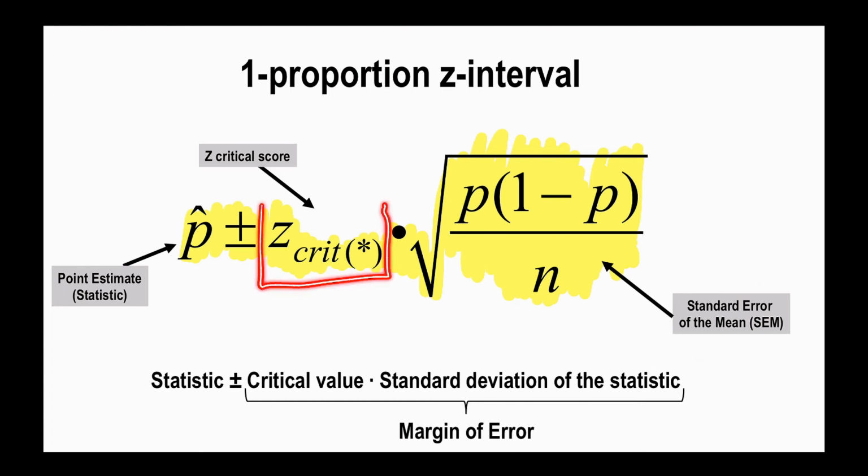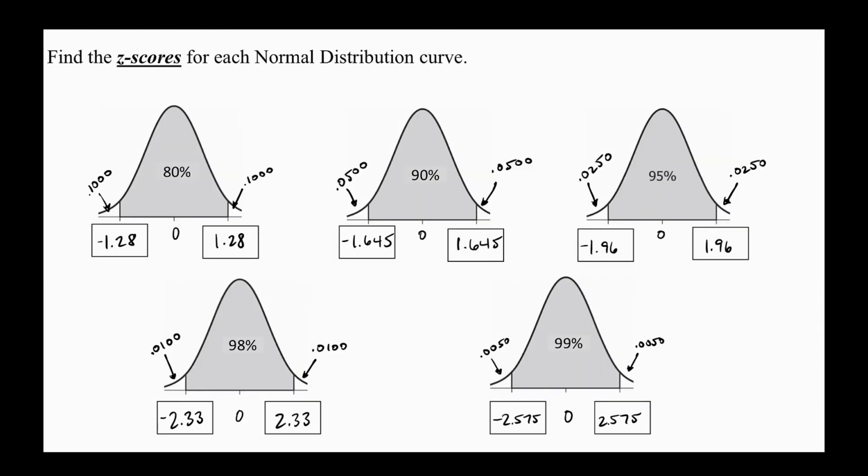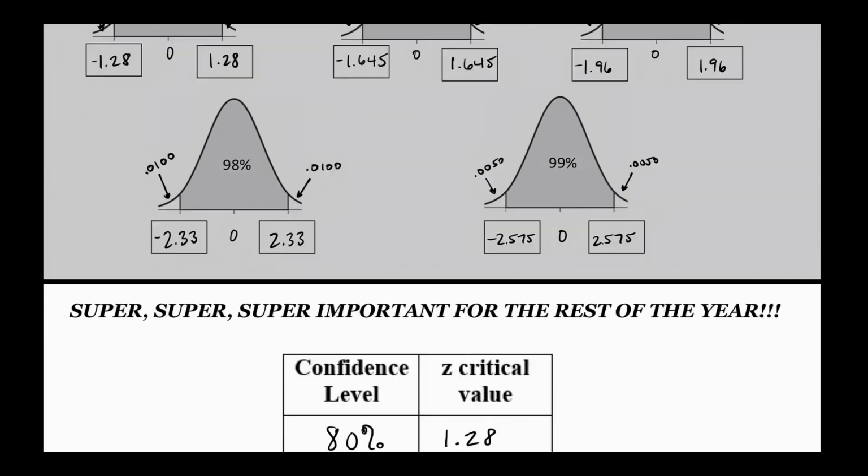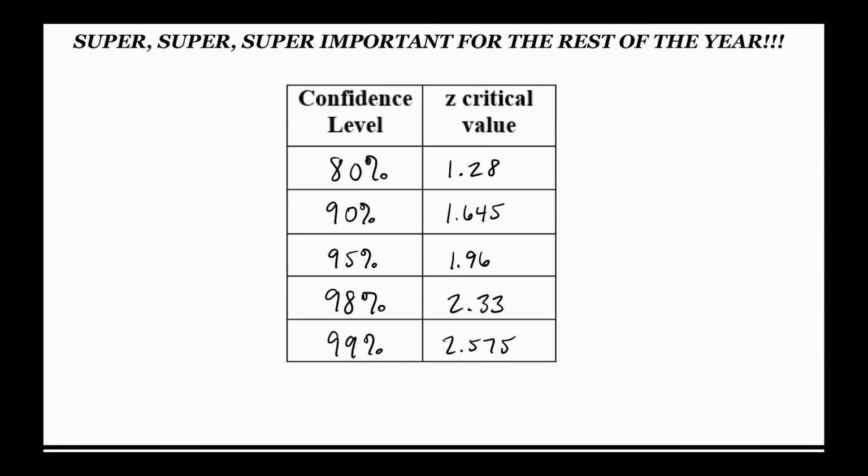You already know that. Why do you already know that? Is it asking us to find it? Is it the critical score? Yeah, 1.96. So it's based off of what percent confidence interval? How confident do I have to be? So the Z critical we're going to use is 1.96.